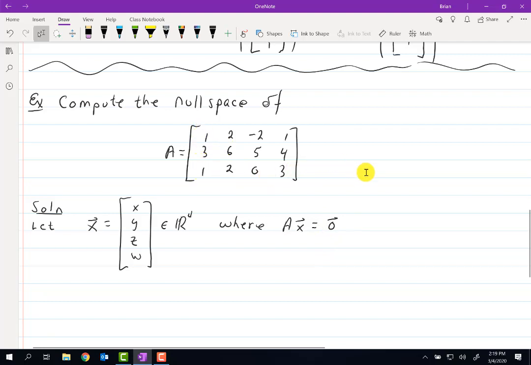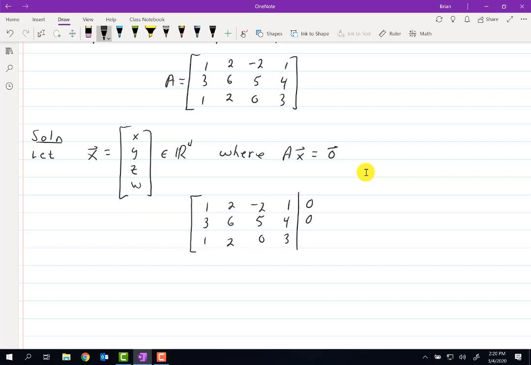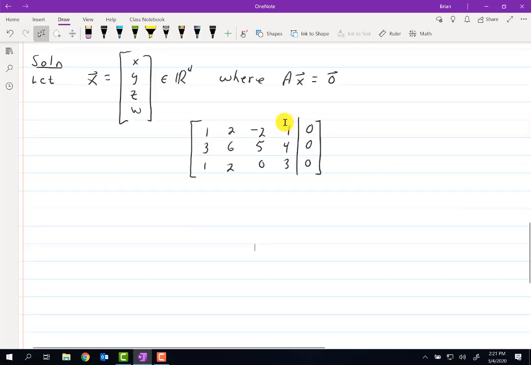All right, so let's go ahead and do our computations. Just like before, I'm going to end up with an augmented matrix and work from there. There should be a negative 5 there.